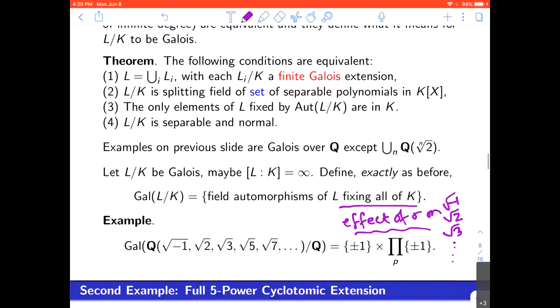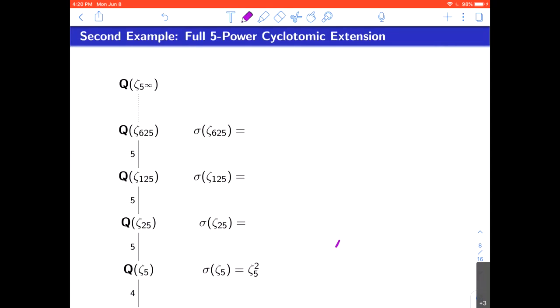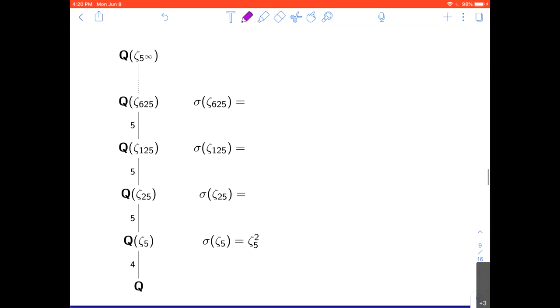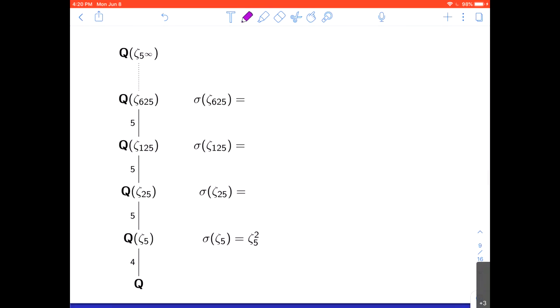It gets a lot more interesting if we go vertical and look at adjoining all the different fifth roots of unity. So each field is contained in the next one. And let's try to construct an automorphism.